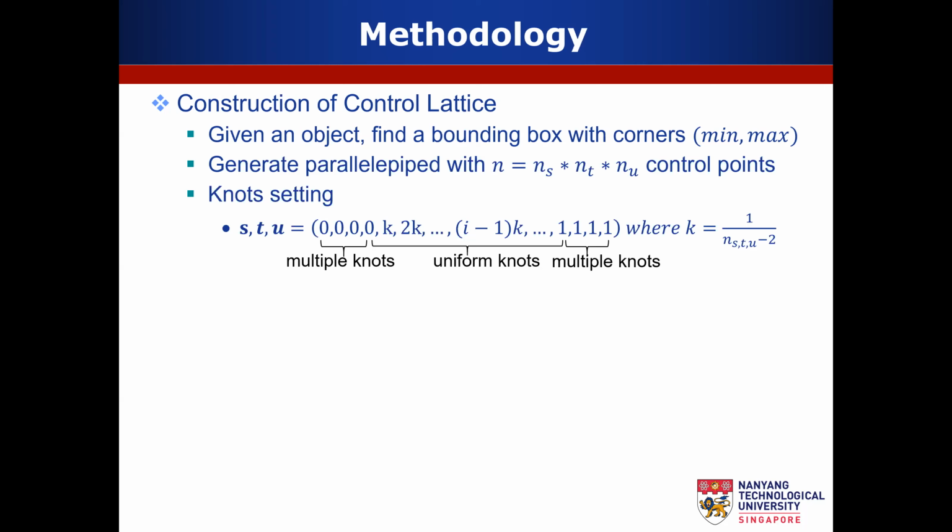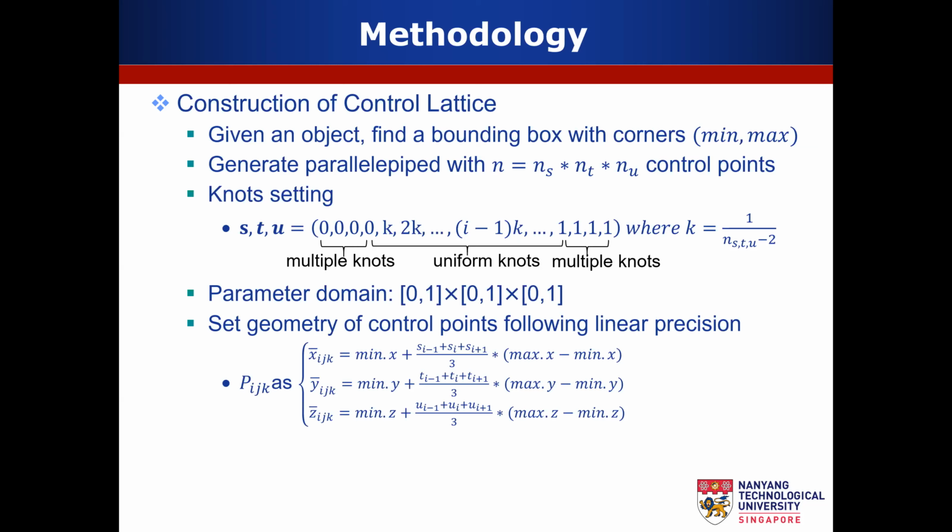That is, we choose multiple nodes at the two ends and uniform nodes at the other places. Consequently, the parameter domain for the deformation space is from 0 to 1 by 0 to 1 by 0 to 1. For the geometry of the control points, its Cartesian coordinates are set at their trivial Greville coordinates.